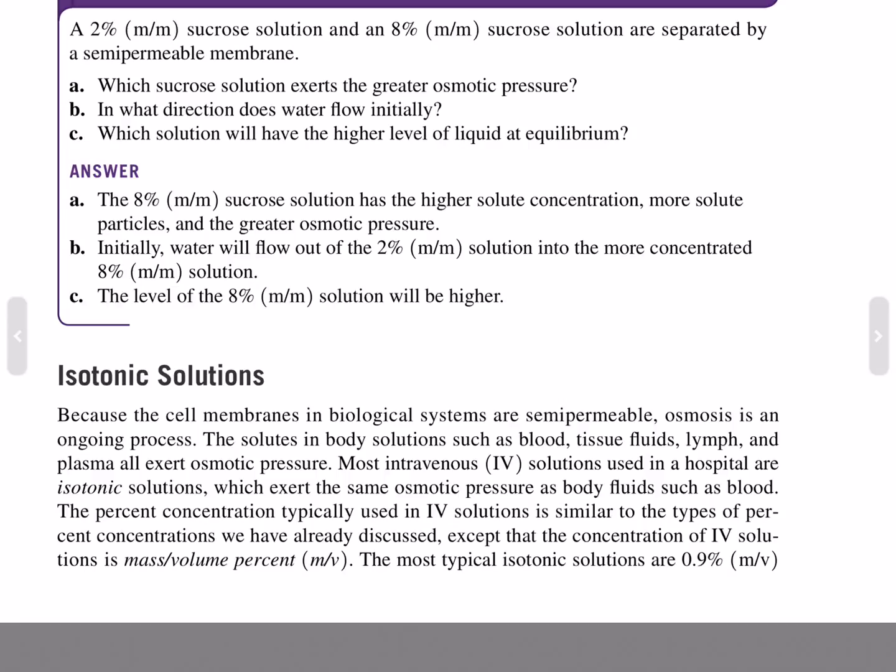The percent concentration typically used in IV solutions is similar to the types of percent concentrations we've already discussed, except that the concentration of IV solution is mass over volume percent.